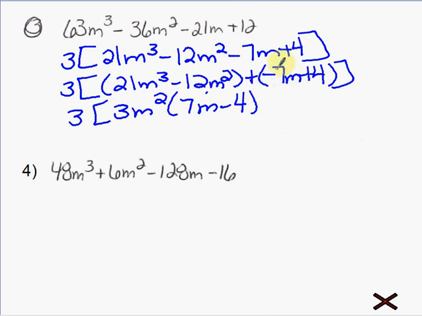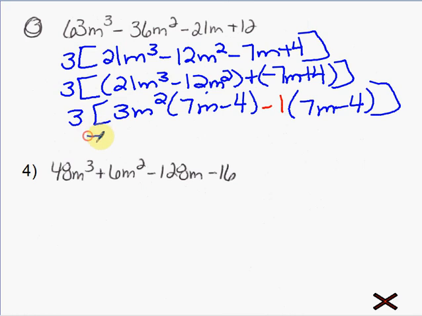Now look up here, I have a negative 7 and a positive 4, and down in this set of parentheses I have a positive 7 and a negative 4. That tells me that I have to factor out a negative 1. So I'm going to put a negative 1 right here. I'm doing it in red to highlight it. That changes my sign to a positive 7 and a negative 4, which is what I wanted.